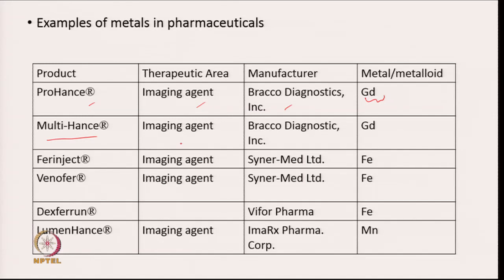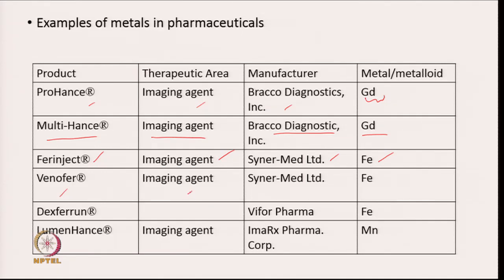MultiHance, which is an imaging agent, is also from Bracco Diagnostics Inc., and here what we analyze is again gadolinium. Feridex is used as an imaging agent, and this is from Sinerem Med Limited. Here analysis of iron is done.